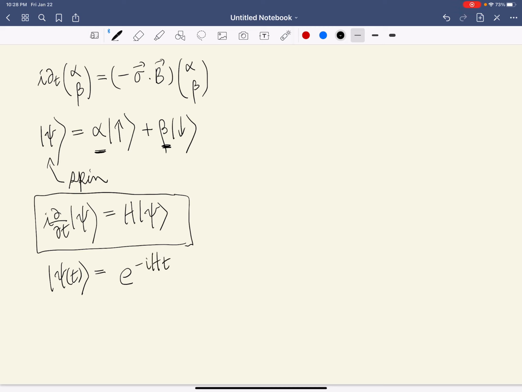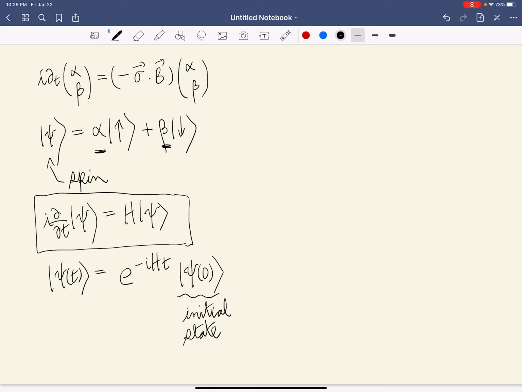It's this thing acting on some initial state, psi 0.